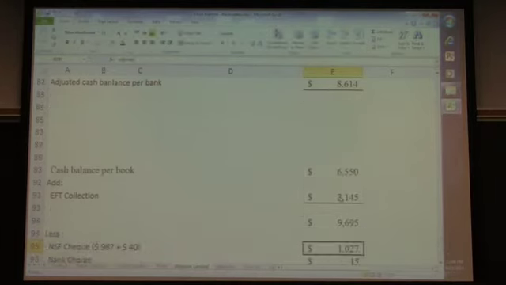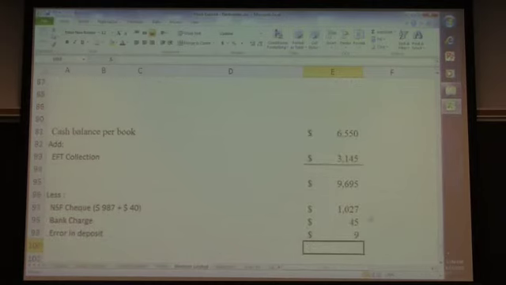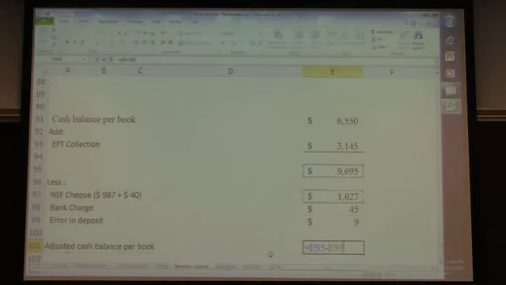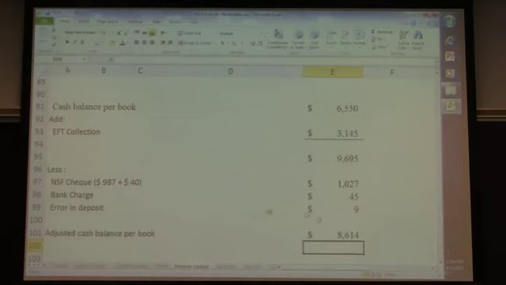So the total is $96.95 in terms of the cash you should have on hand, and less all these adjustments here. So again, the adjusted cash balance per book should be equal to $96.95 minus the 45 and minus the $9 here. We should have $86.14 as well. So we reconcile the bank reconciliation.